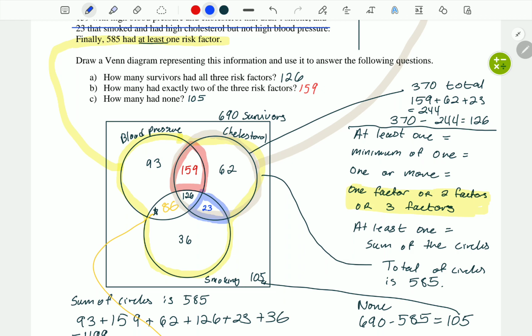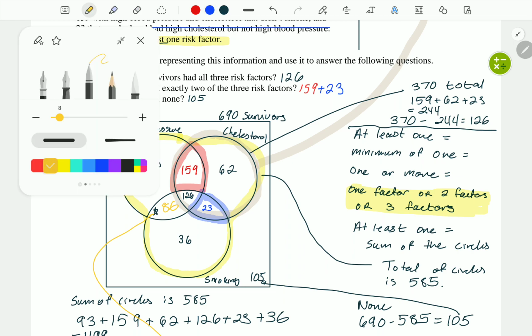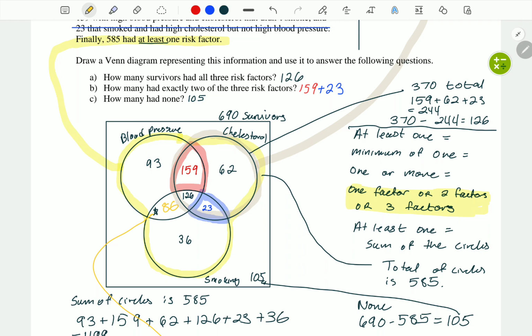Or the survivor had high cholesterol, they smoked, but did not have high blood pressure, which is 23, excuse me. 2 of the 3 categories, which is right here. Or the survivor had high blood pressure and they smoked, but did not have high cholesterol, which is this 86 that is right here.